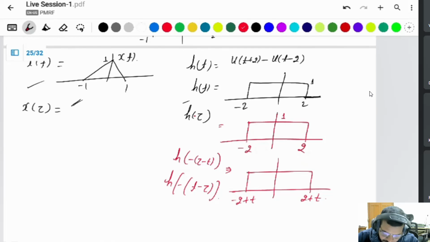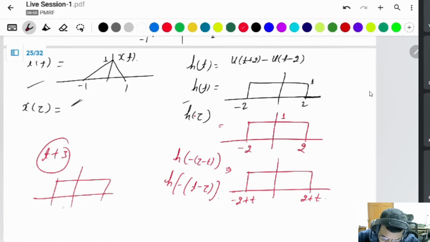If you shift any function, say by t plus 3, the position will be added. If you take this as minus 1 to 1, then t minus 3 means it will shift to this one.